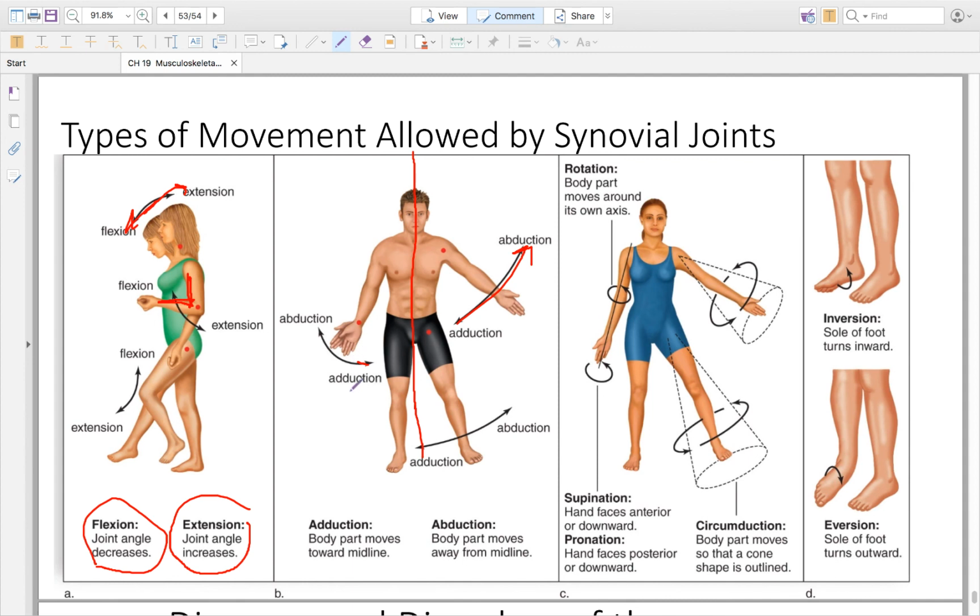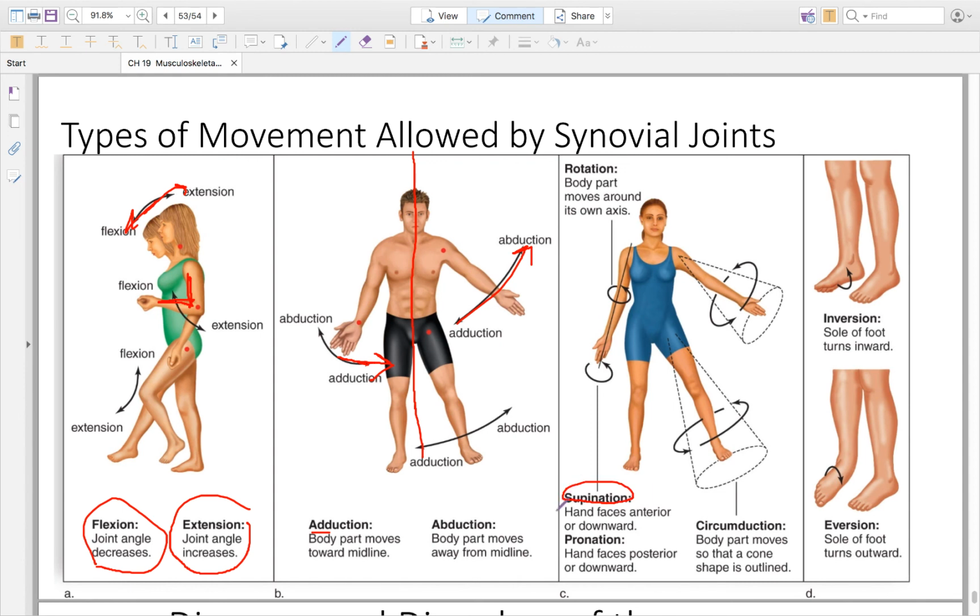Okay, adduction, ADD. Think of you're adding something, and really what's happening is you're bringing it closer to the midline, your arm, your leg. Okay, rotation, you move something in a perfect circle around its own axis. Okay, these terms are important and are not very clear.